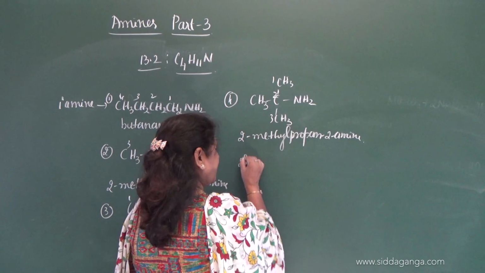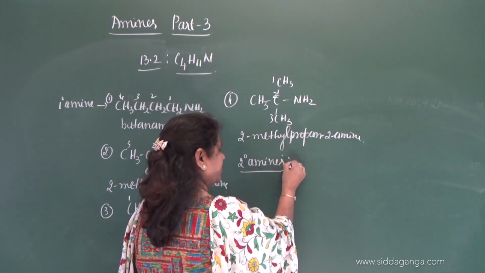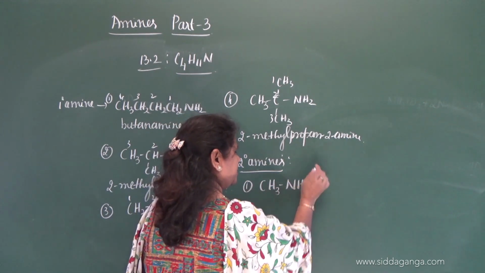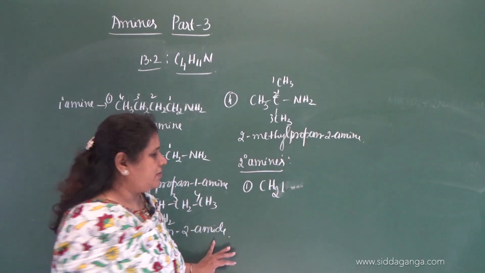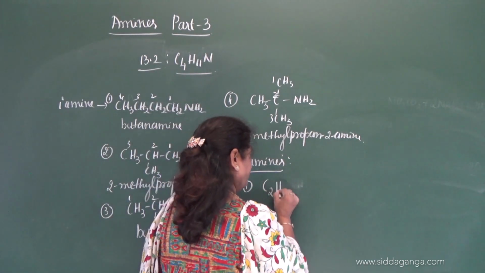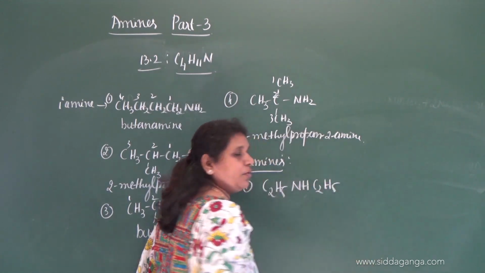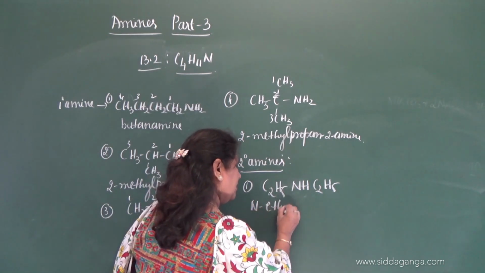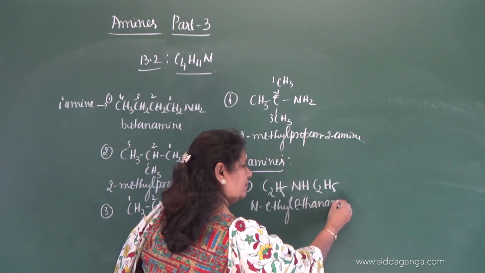Move on to the secondary amines. The first one, C2H5NH C2H5, that is ethyl. You can name it as N-ethyl ethanamine.